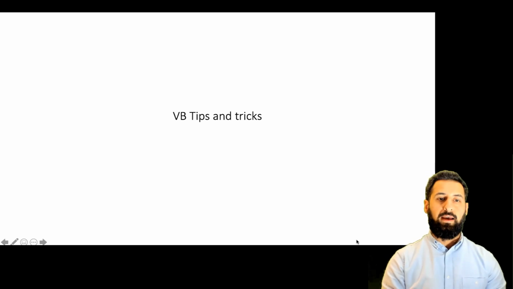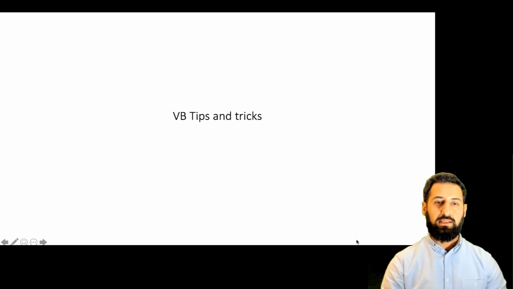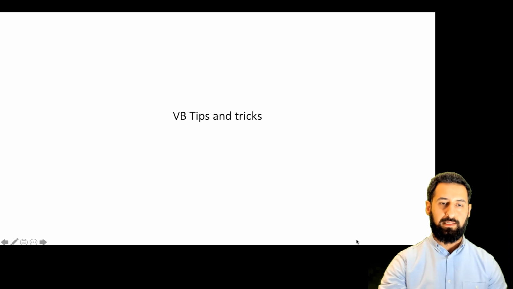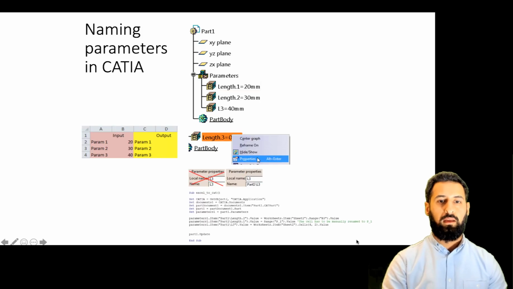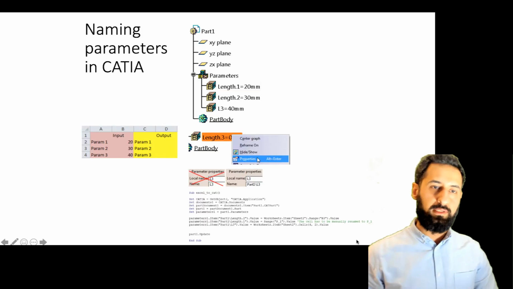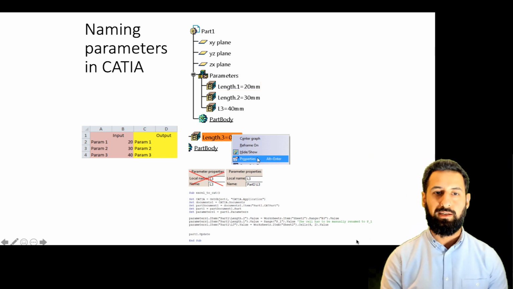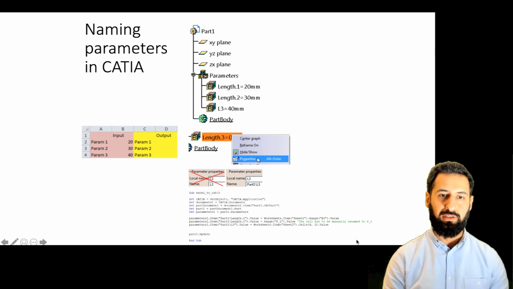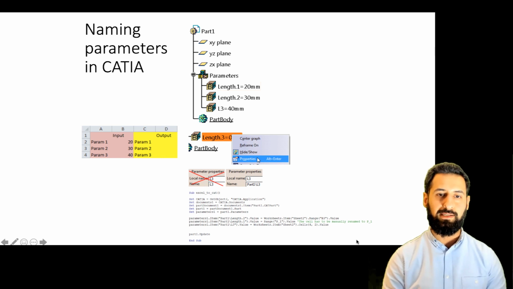And then we have a couple of slides for VB tips and tricks. One important tip is not to rename the parameter by double-clicking on the parameter and then changing the name. The correct way of changing the name of the parameter is to right-click and then go into Properties and then change the name of the parameter.